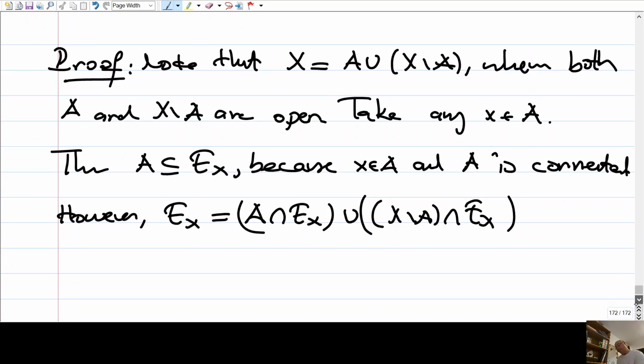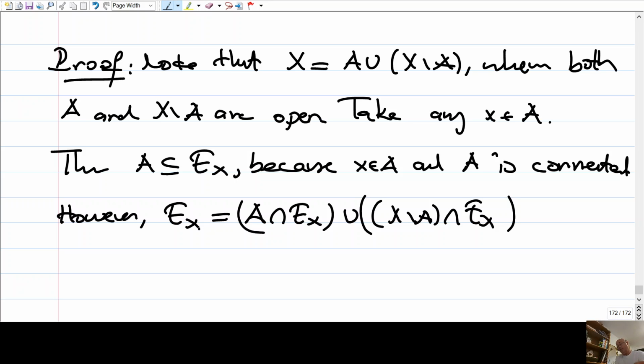Well, you see that this is an open subset of E_x, and this is also an open subset of E_x, and they are disjoint.